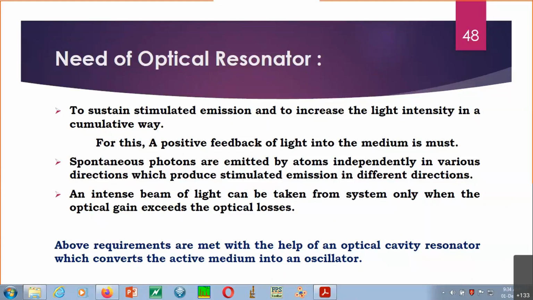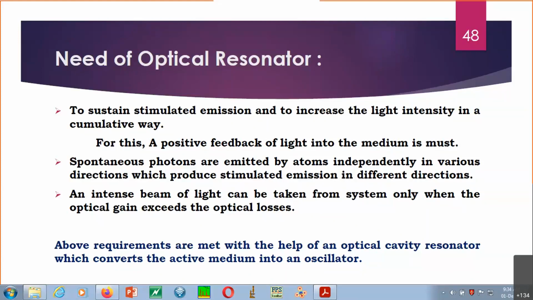Earlier these spontaneous photons are useless because they are emitted randomly, but if somehow I can use these spontaneous photons, then the purpose of the optical resonator will be fulfilled. That means if I use these photons to trigger the stimulated emission process, that will solve my purpose.